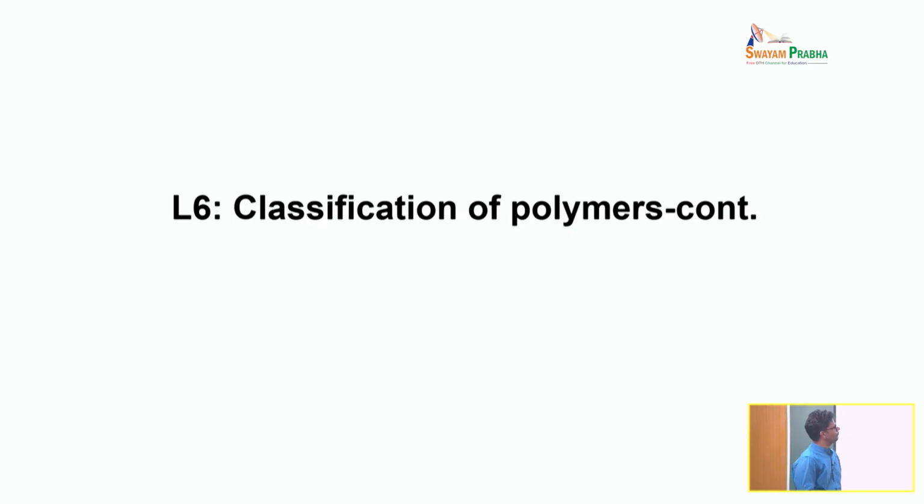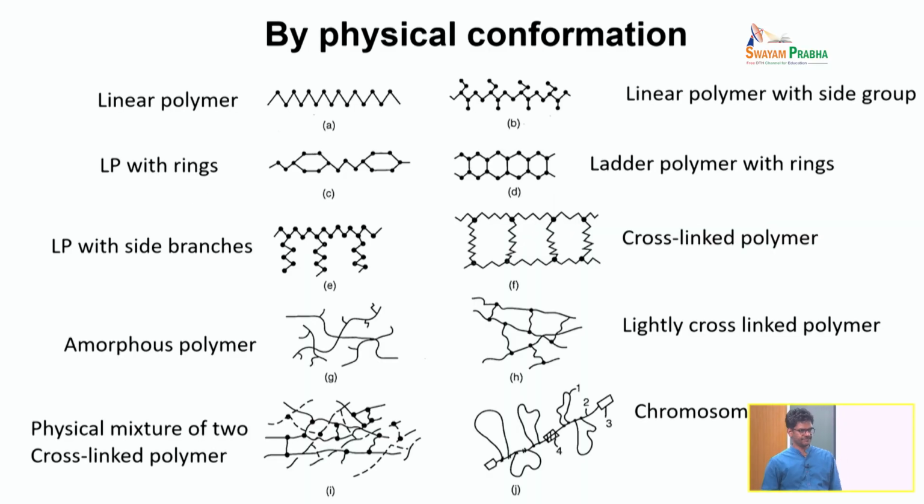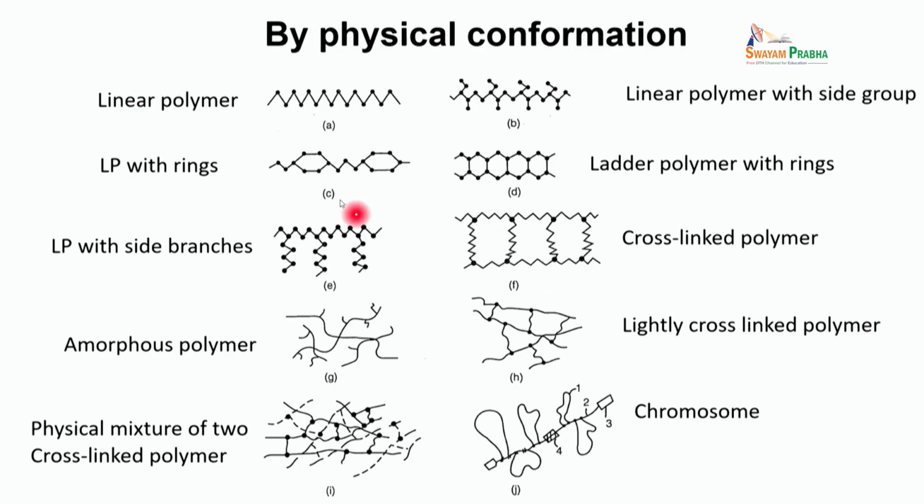So in that line of thinking, there is one more way in which we can classify the plastics or polymers, that is based on the topology or the molecular architecture, or we say the conformation, how the spatial distribution of atoms looks in a given polymer. If you see all these cartoons here, they characterize different kinds of polymer that you will encounter.